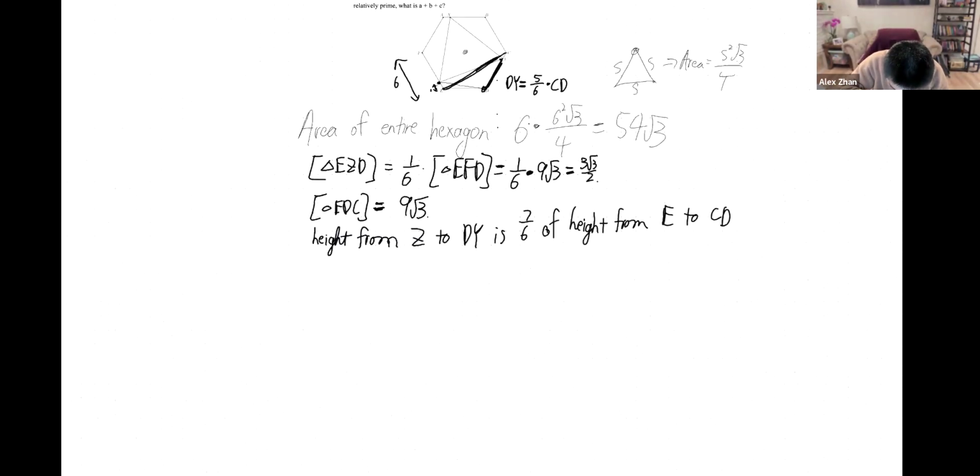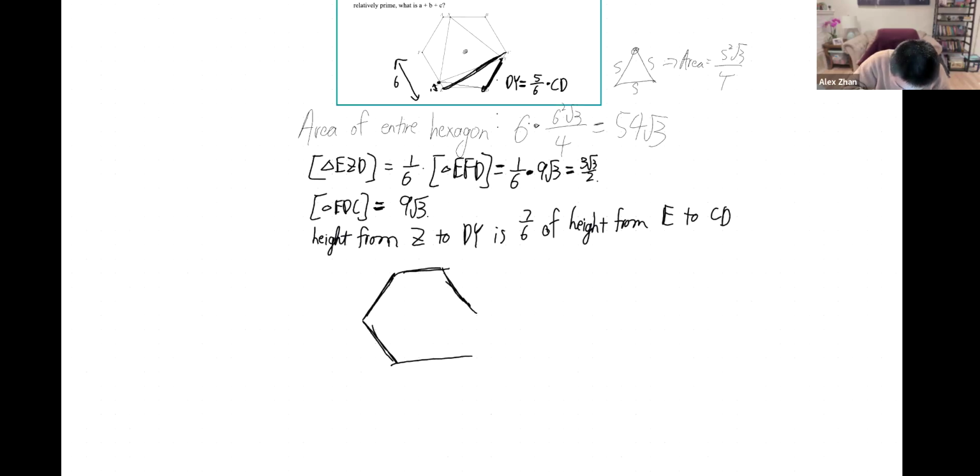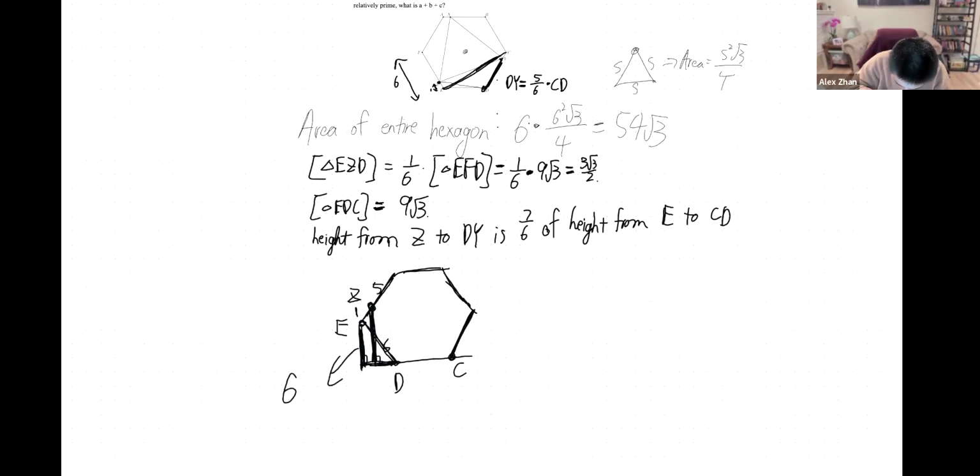First, let's come back to this hexagon. Notice that Z is right here, this is point E, and this is CD. This has lengths 1, 5, 6. If we compare these two heights, this length is just 6 times sine 60.